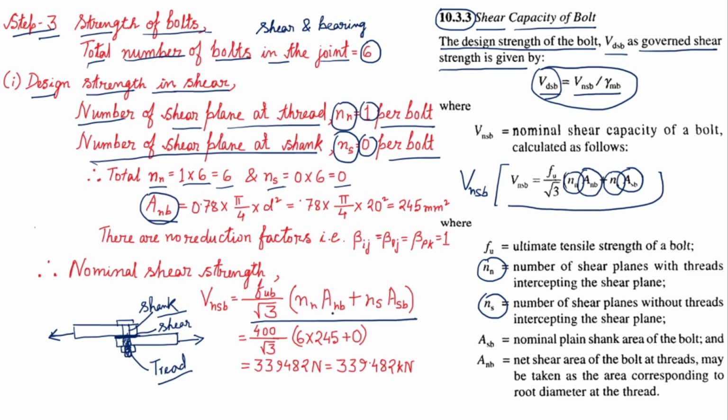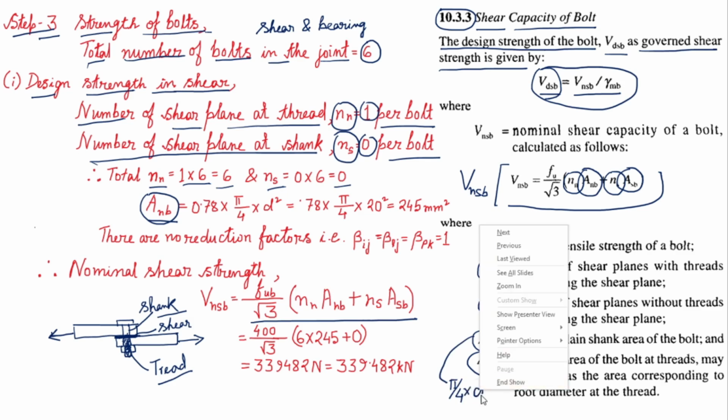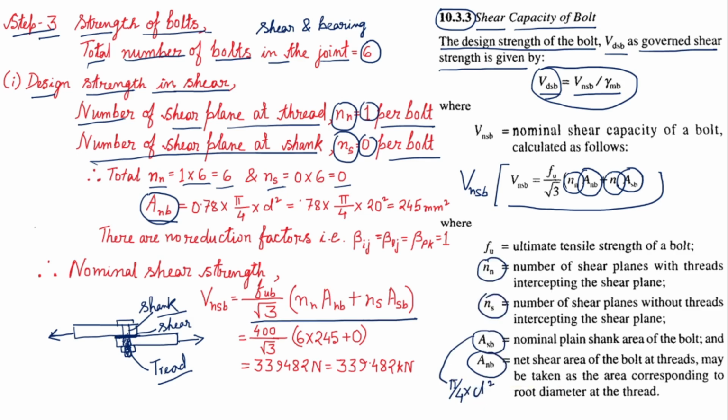Next, ANB and ASB. The definitions of ASB and ANB are given here. What is ASB? It is the nominal plain shank area of the bolt, which is pi by 4 into diameter square. This is the cross sectional area of the bolt at the shank.